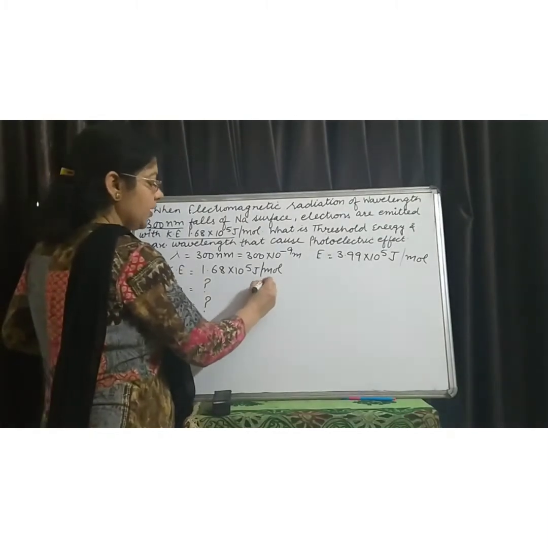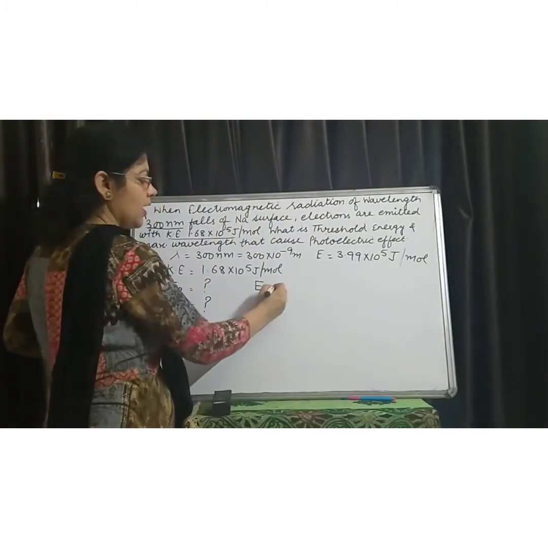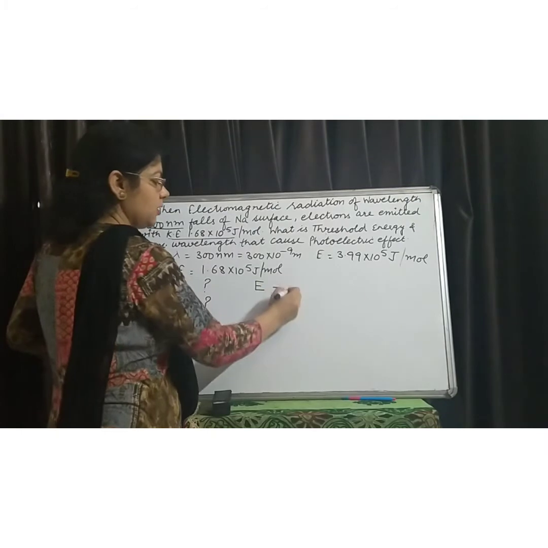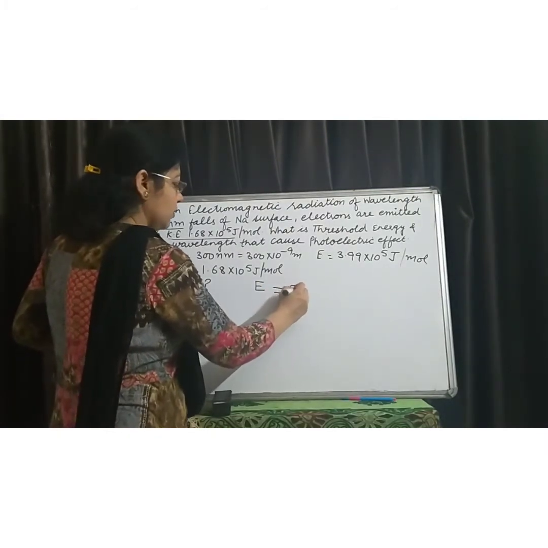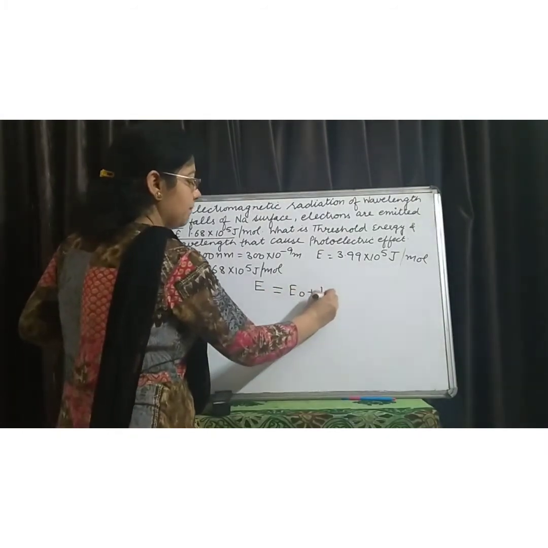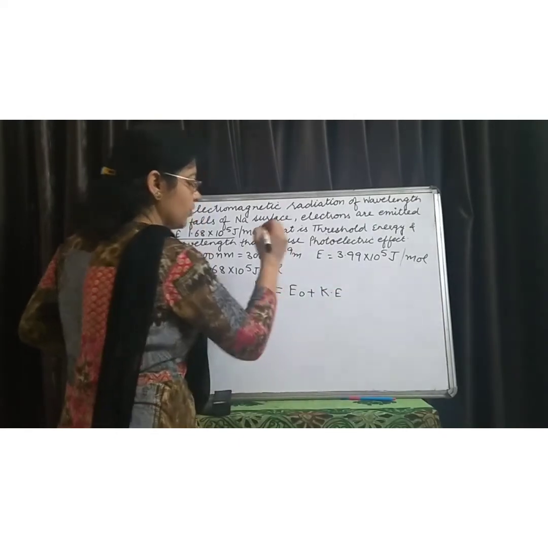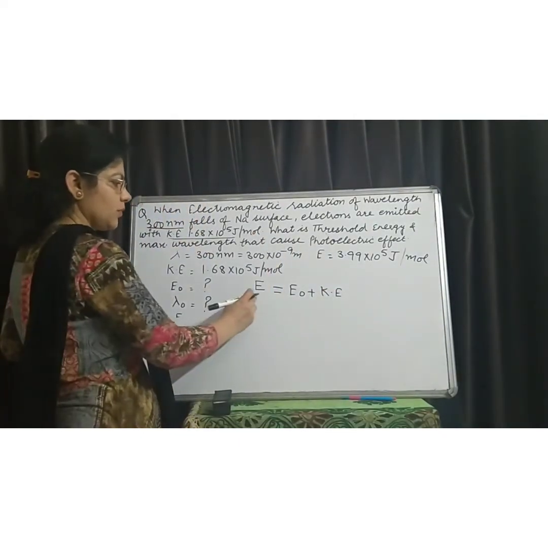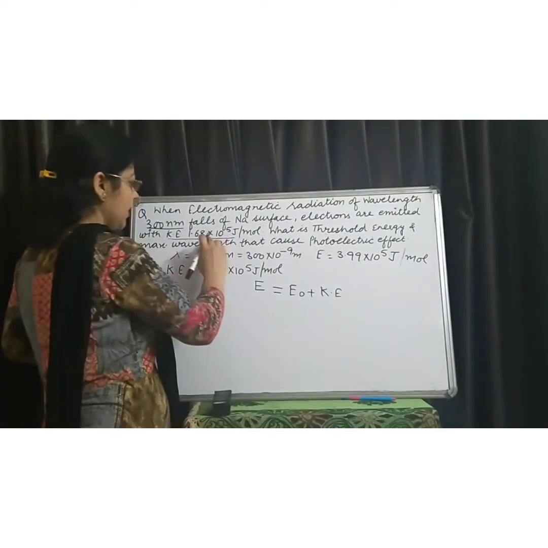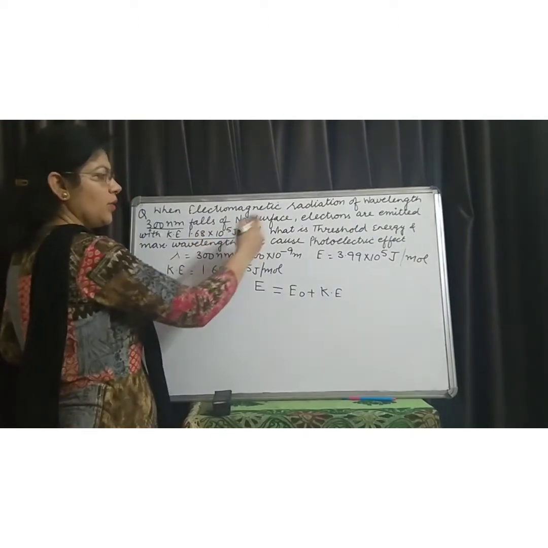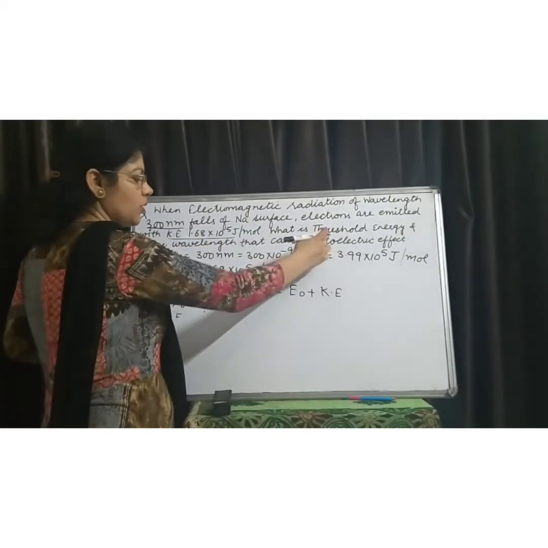From the photoelectric effect, we know that this total energy is equal to the threshold energy plus the kinetic energy of the photoelectron. Kinetic energy is given to you and we have to calculate the threshold energy.